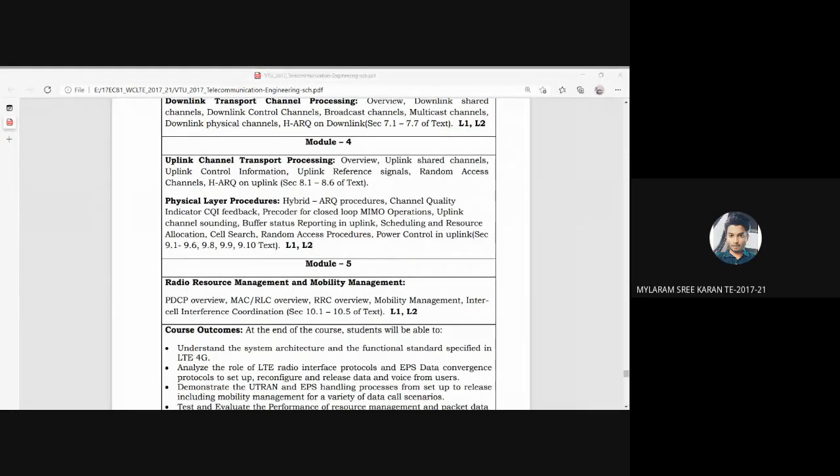Application layer, presentation layer, transport layer, network layer, and data link layer. Then physical layer. So it has become 7.